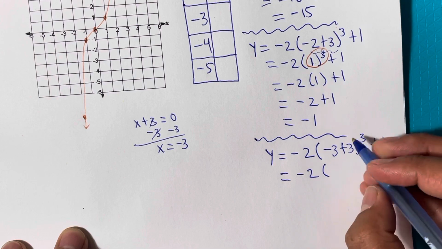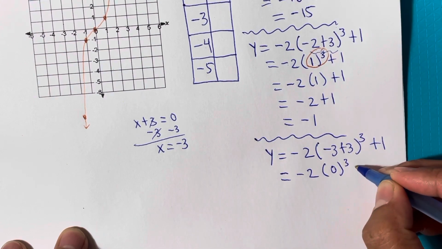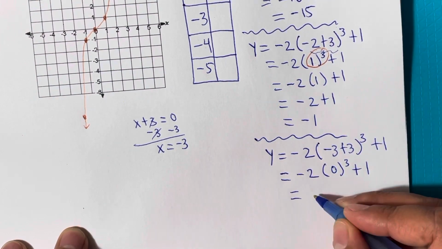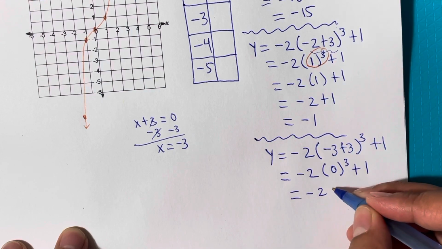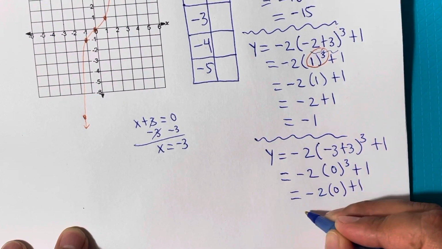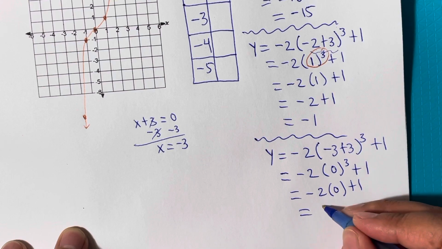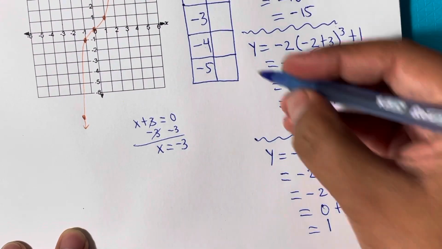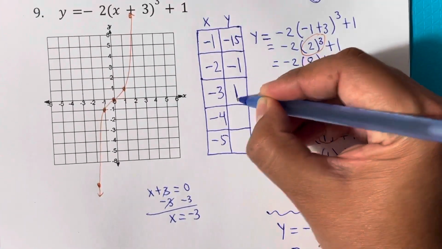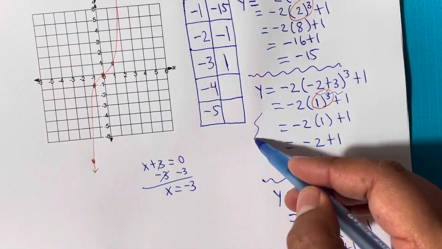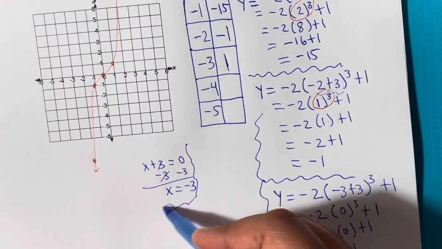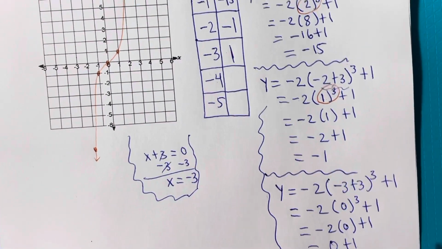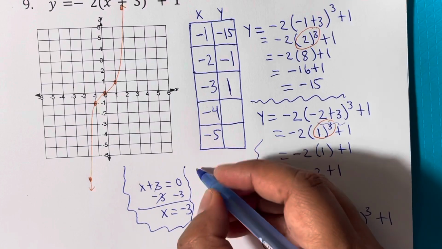Negative 3 plus 3 is 0 cubed plus 1. Negative 2, 0 cubed is 0 plus 1. Anything multiplied times 0 is 0, plus 1 gives me 1. Okay, so that goes right there. And let me see where else, because I put this one right here. Let me squish it in here.